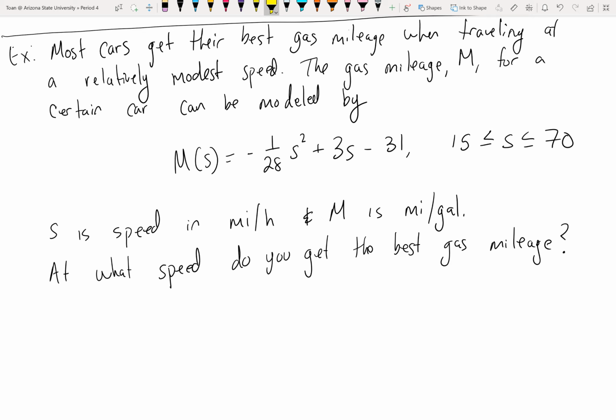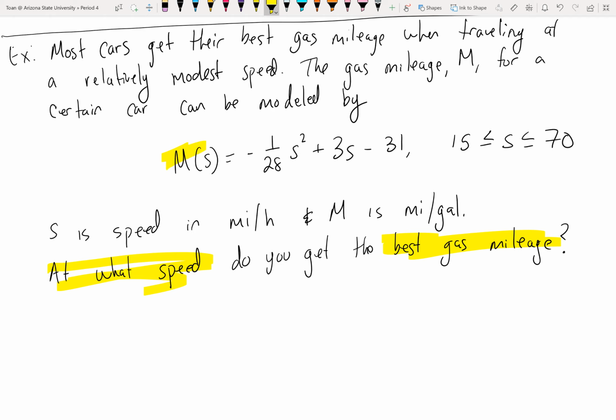So first things first, let's figure out what the heck they're asking us to do. Now, let's pretend that we're not doing 3.1 quadratic functions notes. I would first analyze the equation that they give me. It's an s squared, something squared. It's a quadratic. Okay, good. So what is the actual question? At what speed do I get the best gas mileage? Okay.